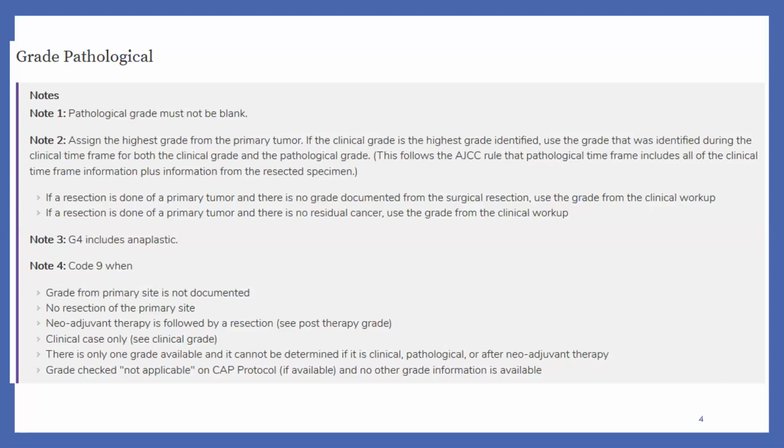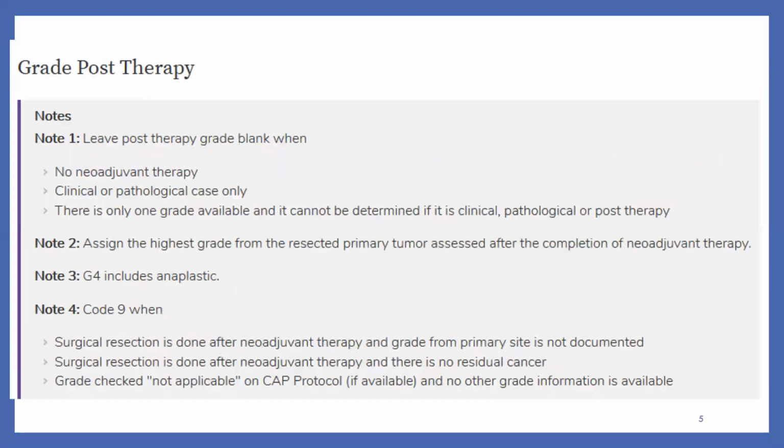Also, if there's neoadjuvant therapy followed by a resection, your grade path will be a 9. Or obviously, if you only have a clinical case only and only have a clinical grade. Okay, let's look at the grade post-therapy.